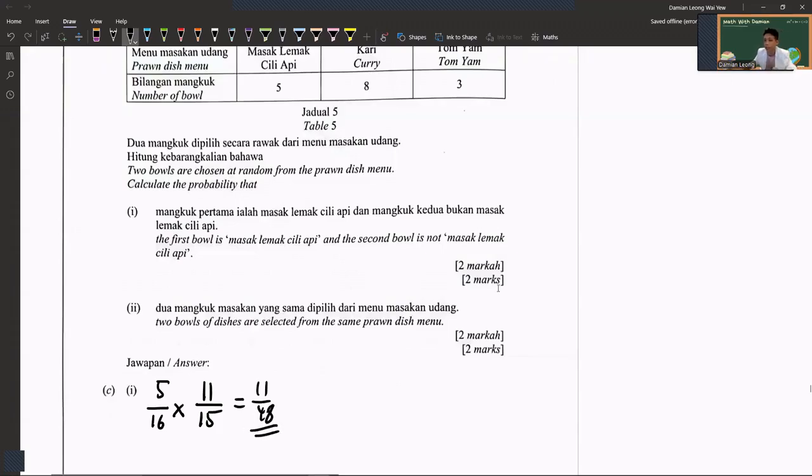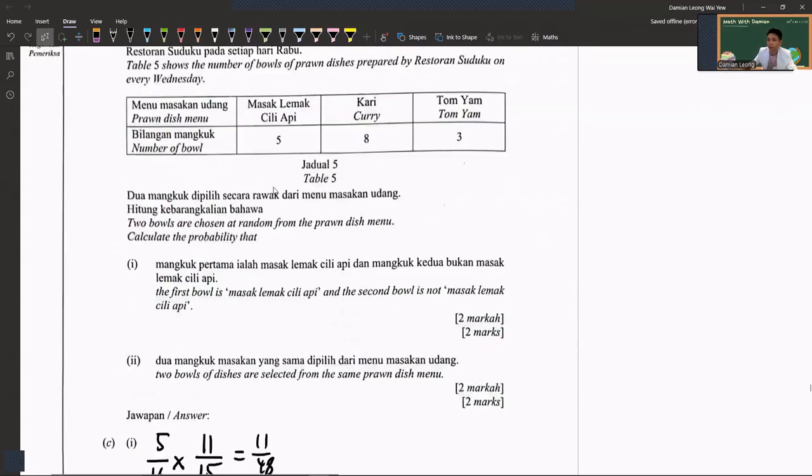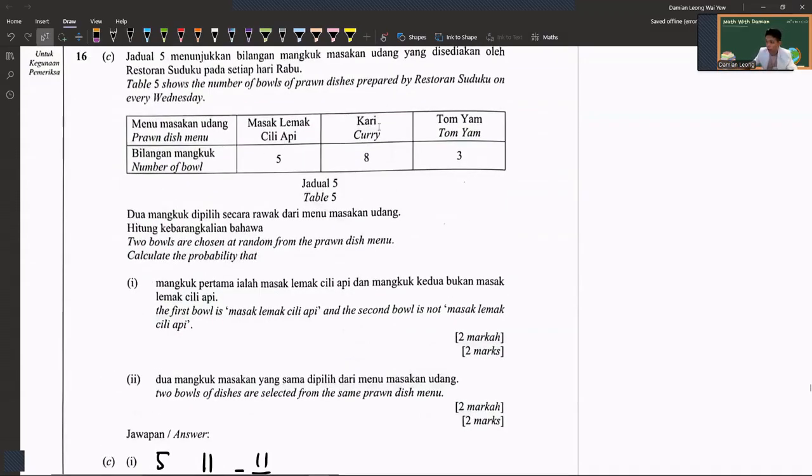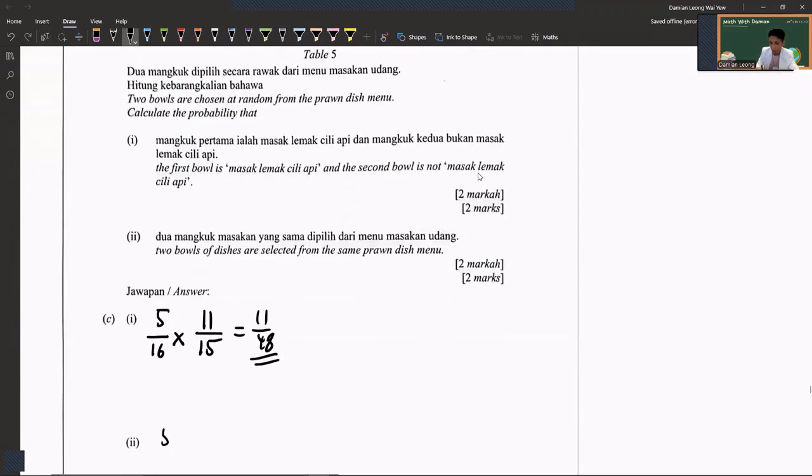That's the probability here. Second one, 2 bowls of dishes are selected from the same prawn dish menu. Either both masak lemak cili api, both curry, or both tom yum. So 5 over 16 times 4 over 15 if both are masak lemak cili api, or both are curry, 8 out of 16 times 7 out of 15. After choosing one, make sure you minus 1.